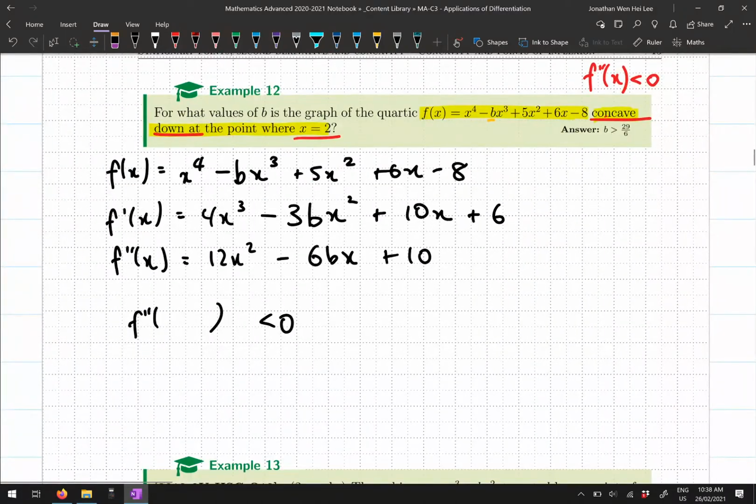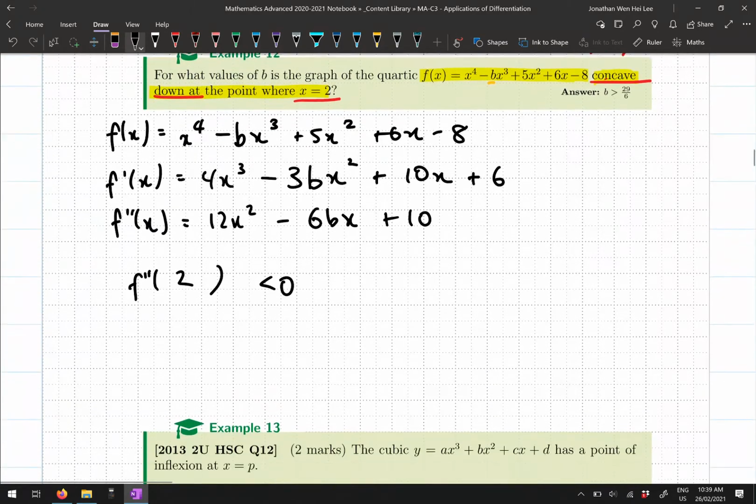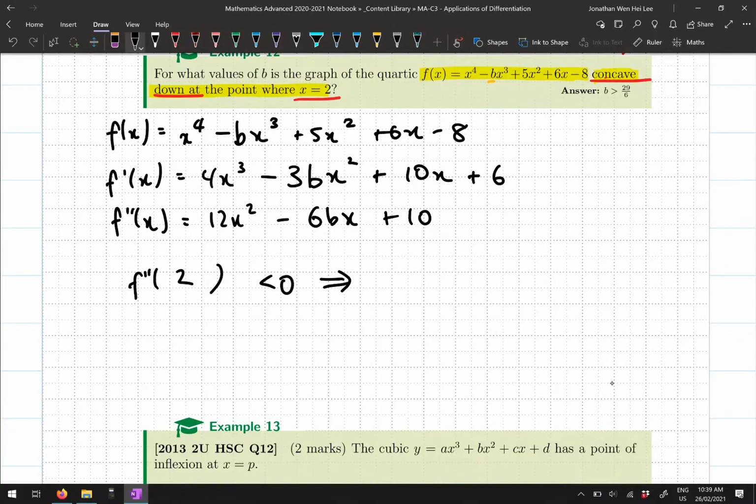Okay, we want the second derivative to be less than 0, but at what point? We want it less than 0 at 2. So here I'm going to be solving for f double dash 2 is less than 0. What can I do with this equation that I have? I can sub 2 in. What do I get? 12 times 2 squared.